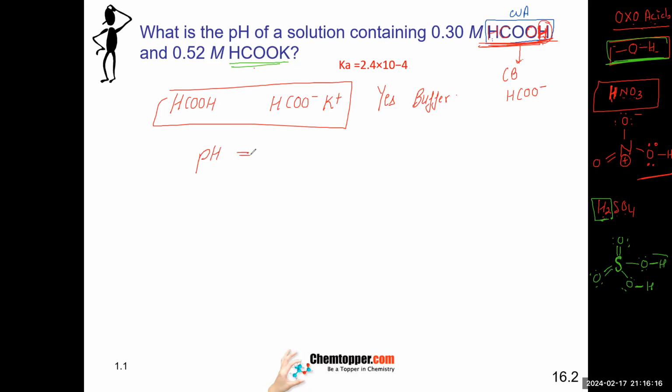So pH equals pKa, Ka will be given to you, plus log concentration of what should be in the numerator? HCOO minus. What is there in the denominator? HCOOH.